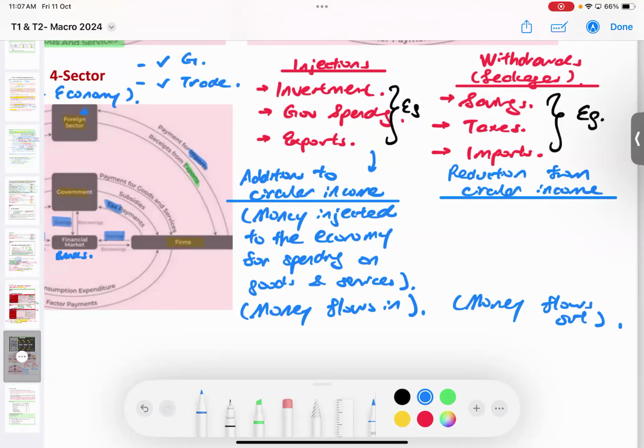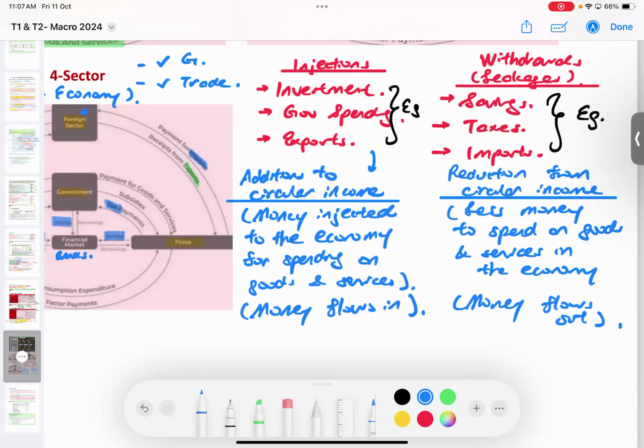That means less money to spend on goods and services in the economy. Remember, one is money flows in, the other is money flows out. When money flows out, there will be less money to spend in the domestic economy, which may slow down the country's economic growth.